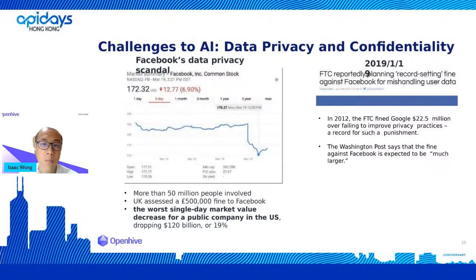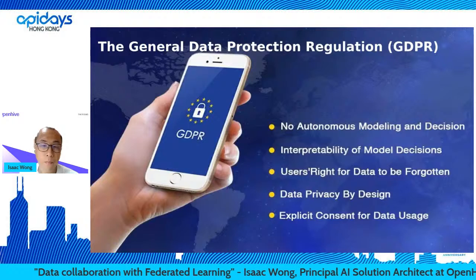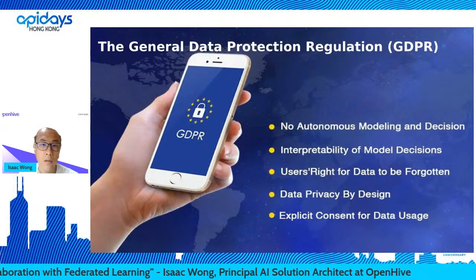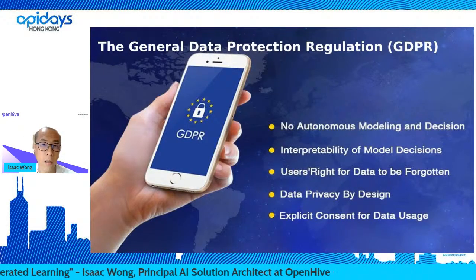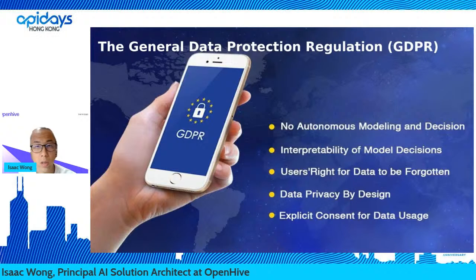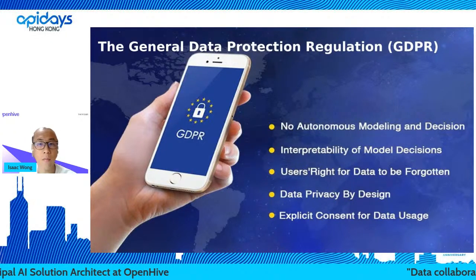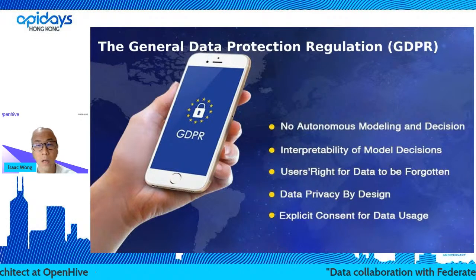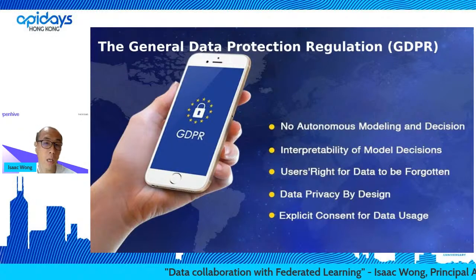So there is huge impact on those enterprises. And then in Europe, you can see that GDPR tries to govern the usage of AI and also the explainability of AI and the data privacy, etc.